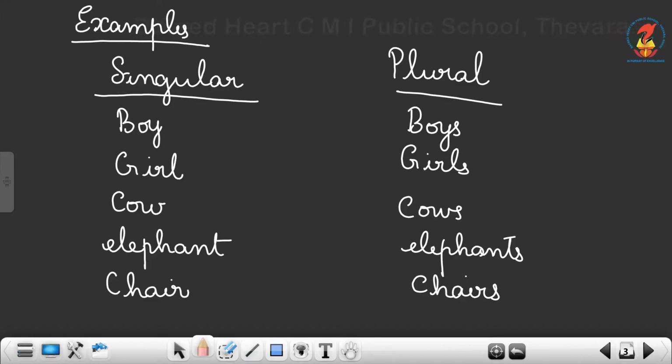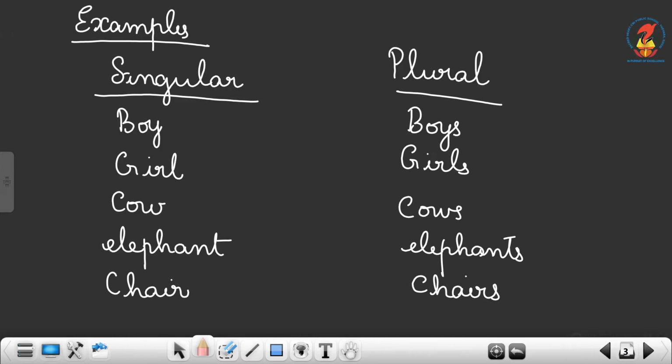Boy. The noun boy, it is singular, right? Because it is only one boy. So it is singular. And the plural of the noun boy is boys, because it must be more than one. Now here girl. Girl is singular.